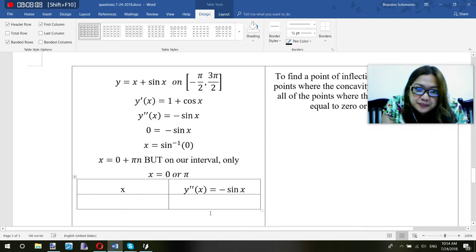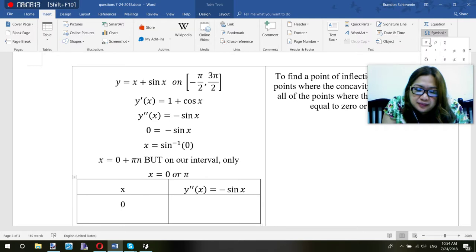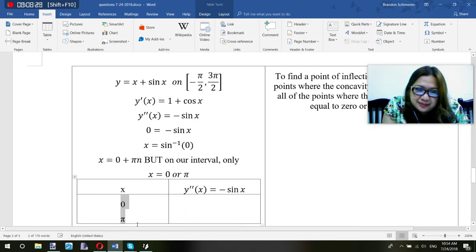Okay, so I have two values to test, 0 and pi, for my points of inflection. If I plug in 0, what's going to happen? Oh, I've done this wrong, haven't I? I need to test around these two points. Oops. Okay, I'm going to redo this a little bit.